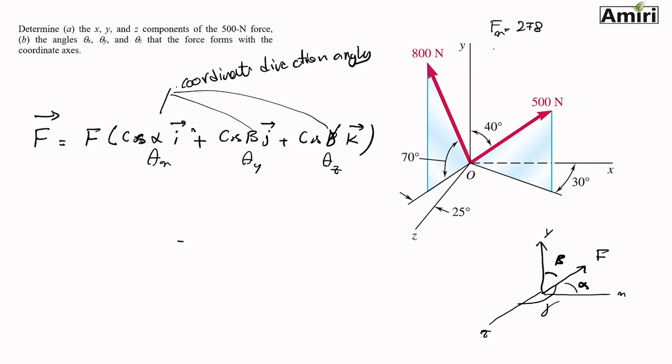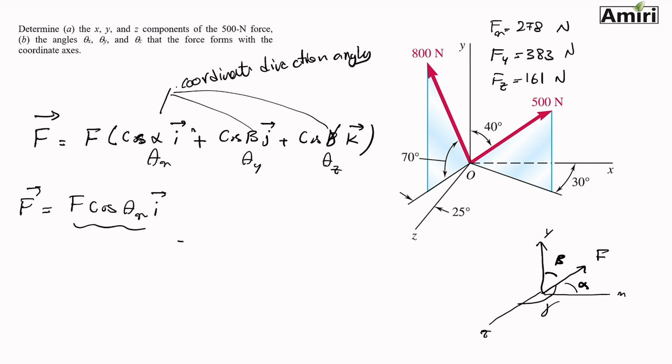These are magnitudes. Fy is 383. And Fz was 161. Okay. F cosine theta x i, this is Fx, without the i, sorry.